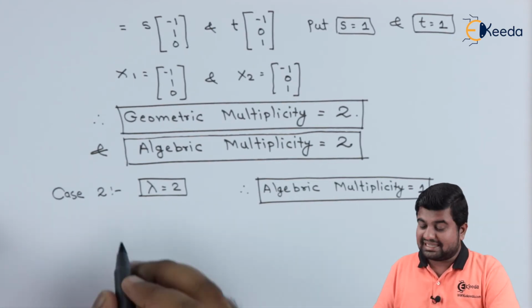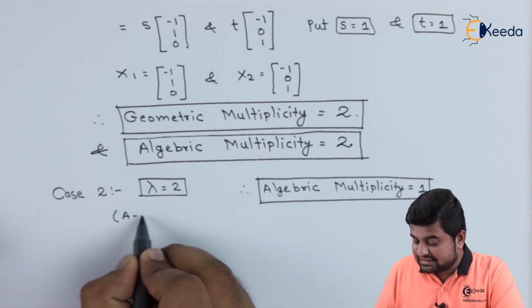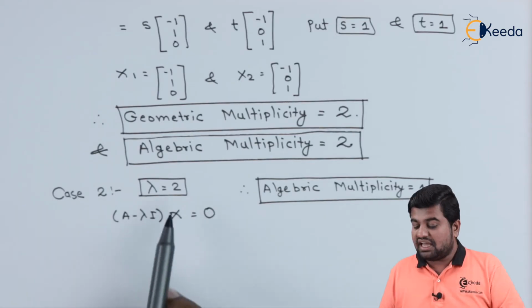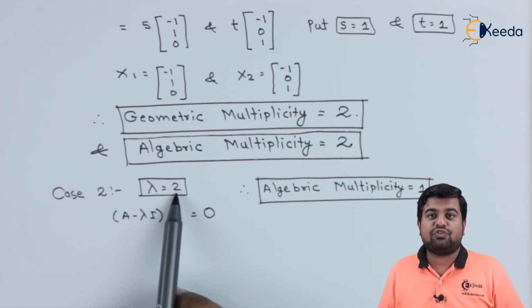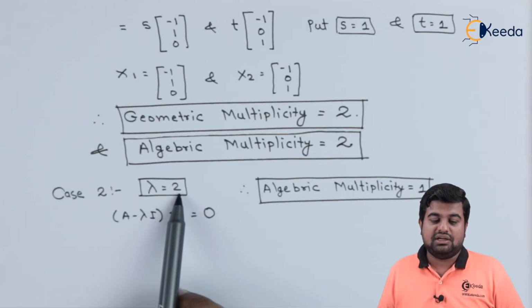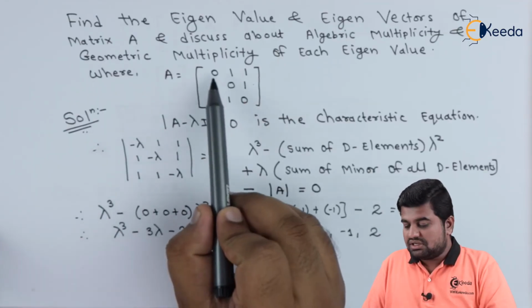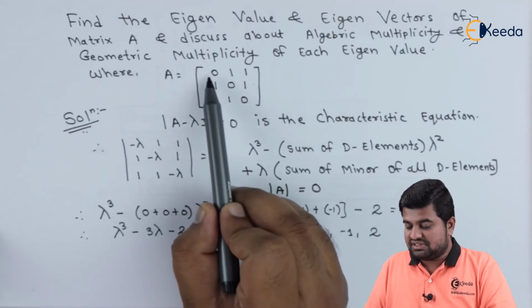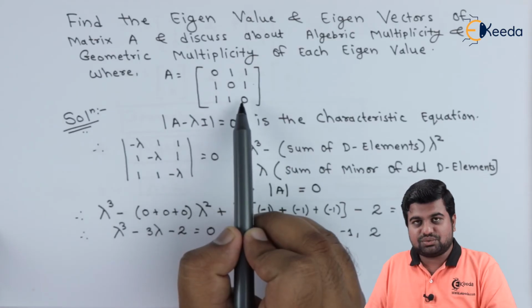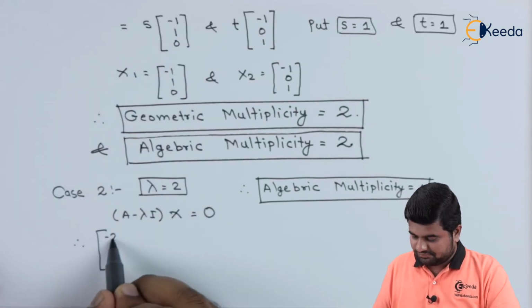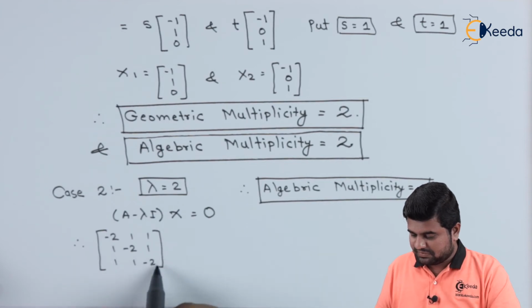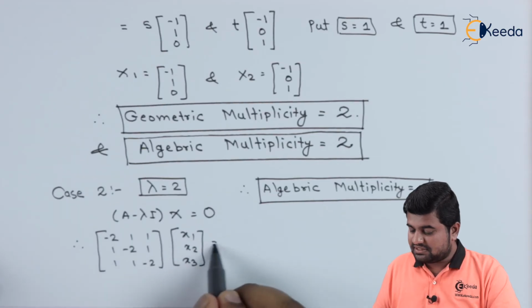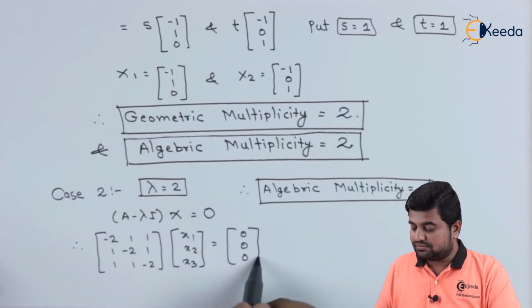Now let us focus on the characteristic equation, which is (A minus lambda I) into x is equal to O. So we are going to subtract lambda is equal to 2 from all the diagonal elements of A. We have got 0, 0, 0 in the diagonal, so I am going to subtract 2, 2, 2, which gives minus 2, minus 2 and minus 2, into x1, x2 and x3 is equal to 0, 0 and 0.